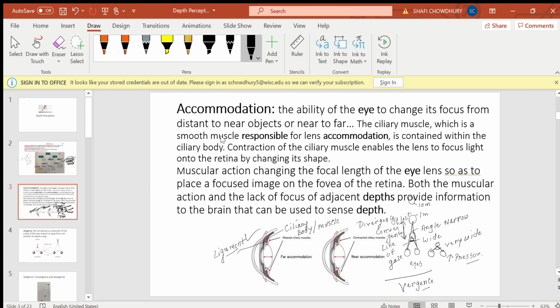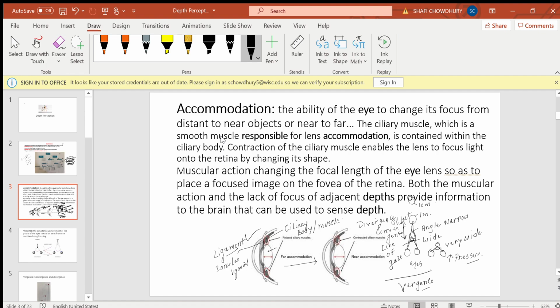The ligaments, same thing. These ligaments go to the lens. So this is the lens, and when the ciliary muscle contraction occurs, you see the shape of the lens changes.